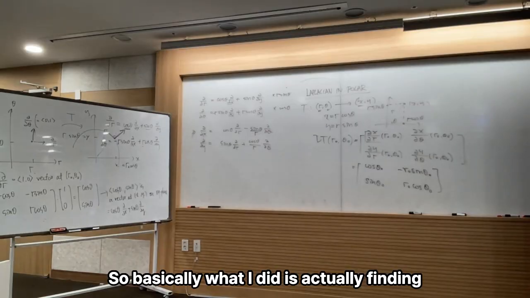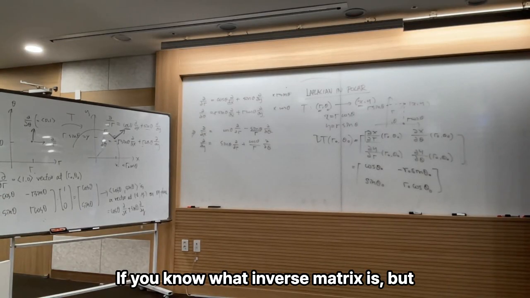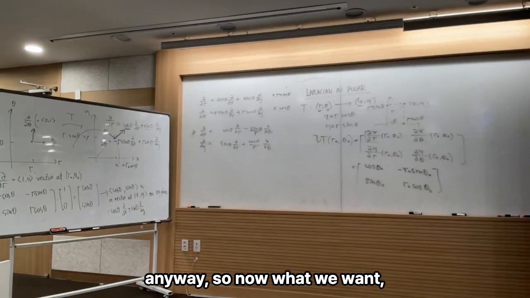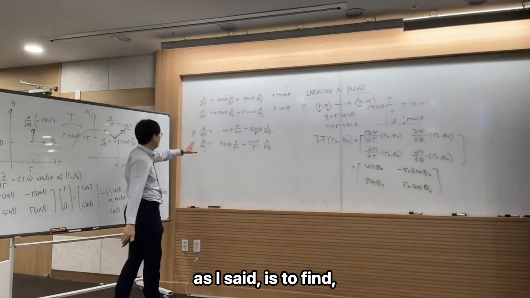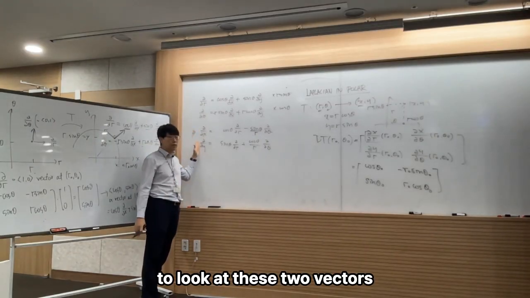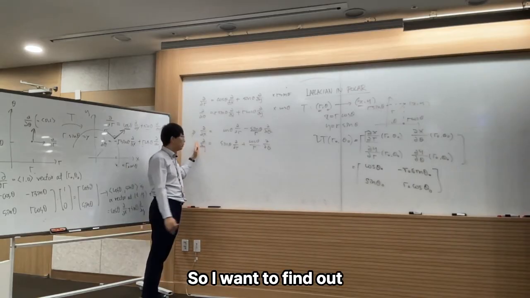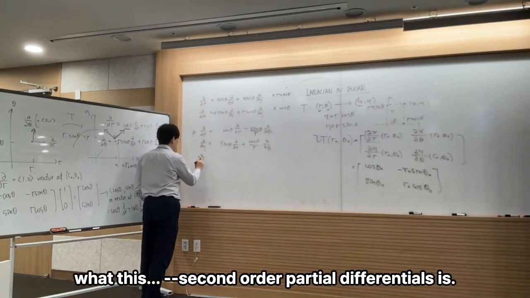Basically what I did is finding the inverse matrix of this 2 by 2 matrix, if you know what an inverse matrix is. But anyway, now what we want, as I said, is to look at these two vectors as partial differential operators. So I want to find out what the second order partial differentials are.